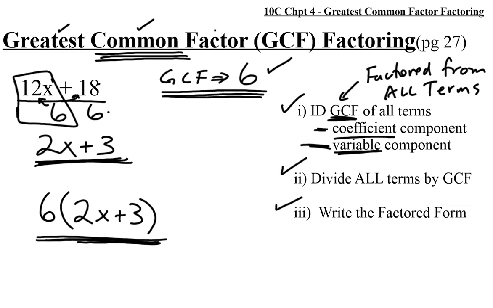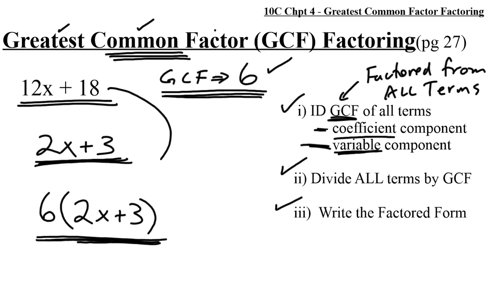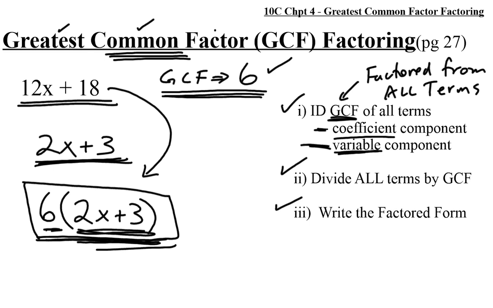We took the 12x plus 18, which was a two-term binomial, and we've now written it as a monomial times a binomial. It's now a multiplication question. There's the factored form. We've taken something and written it as a multiplication question.